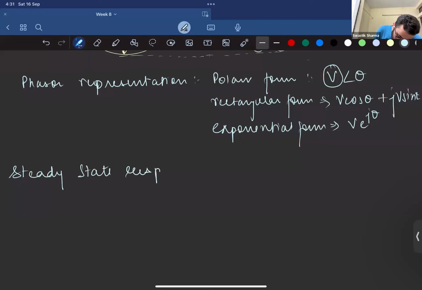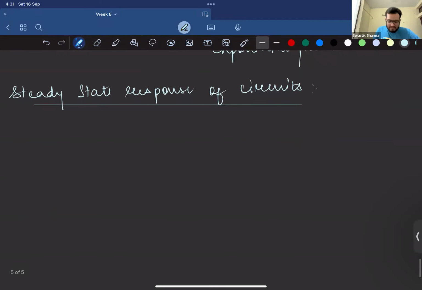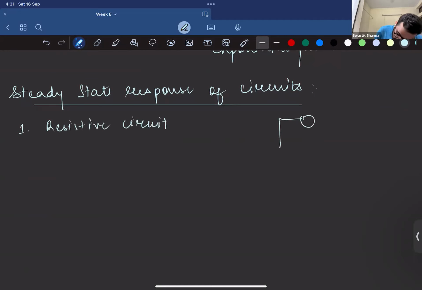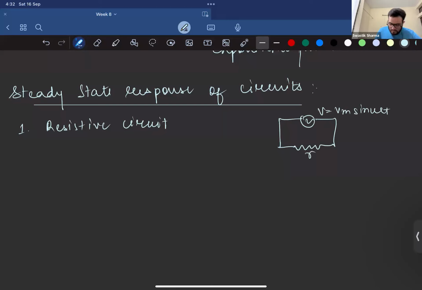So let's see the steady state response of circuits. Let's say we have a resistive circuit with a single resistor connected across a single phase voltage. Right.